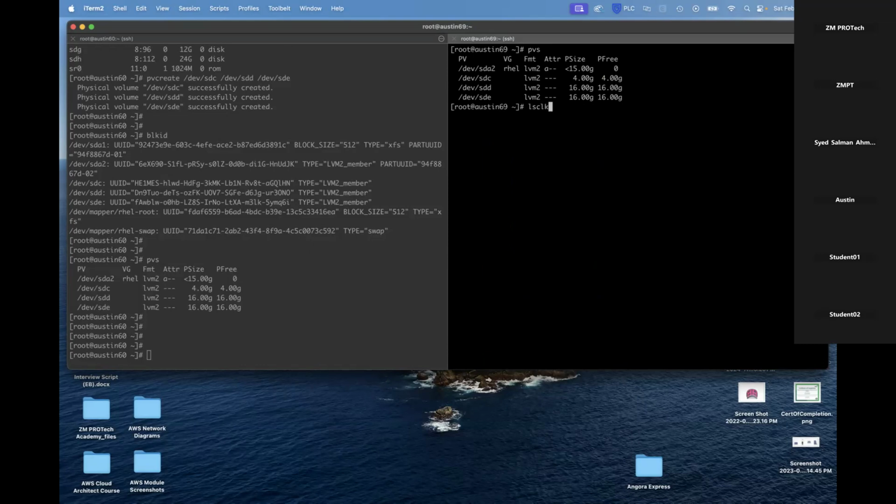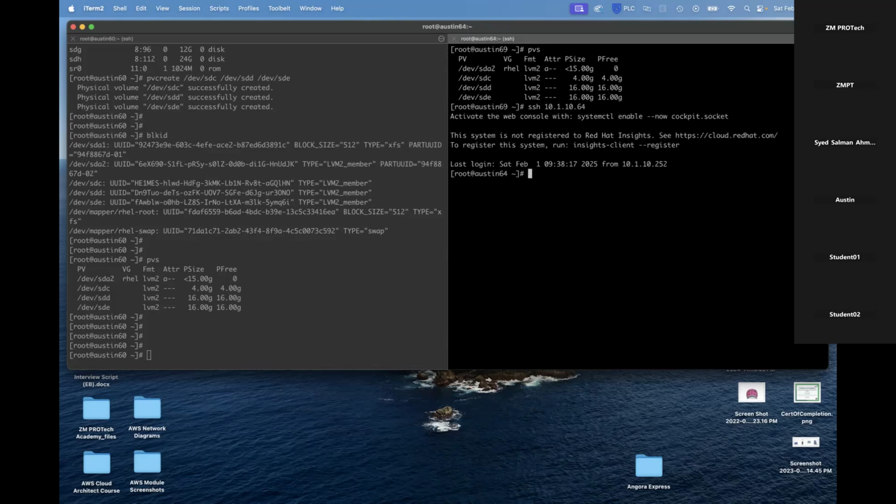You want me to SSH into the other server? Yeah, you could do that. You might want to SSH as ZMPT first. I did it for all of them, so I can just jump back and forth. Let me see, pvcreate. Before that, do pvs, that way you know what you have.